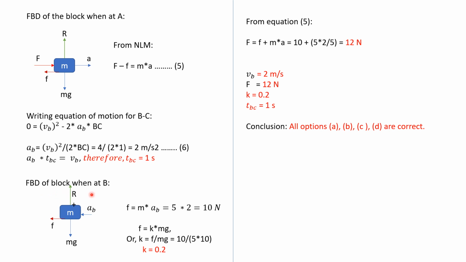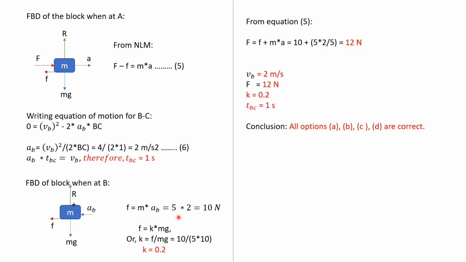Now the free body diagram of the block when it was at B. Why? Because we have to calculate K, the coefficient of friction. So here only the friction force is acting, in this direction, and that is why it is causing a retardation. It is m into AB, acting along the friction force.